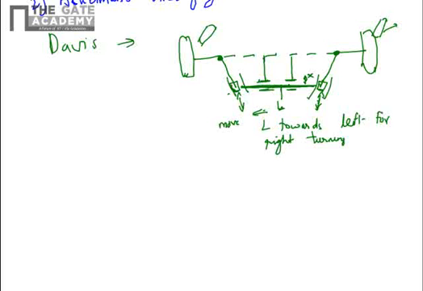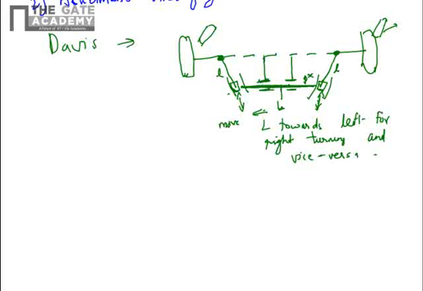So the special property of this mechanism is that this length L should be equal to this length, and this should be a symmetrical mechanism. You can turn right also if you move the link L towards left.